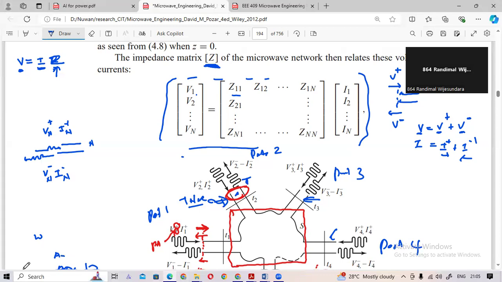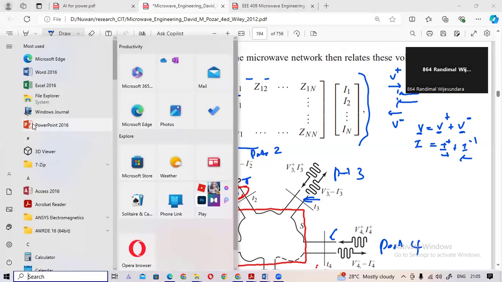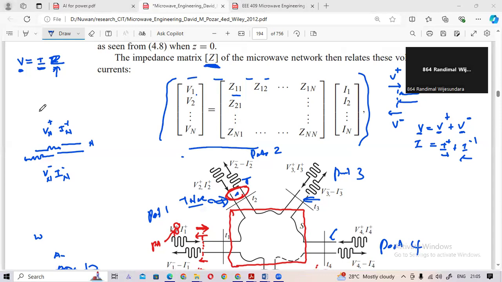I will explain it. Okay, I will get the example. For example, let's take an amplifier or something, a two-port network. So this is one port. This is another port. Let's say that this is the input port and this is the output port.